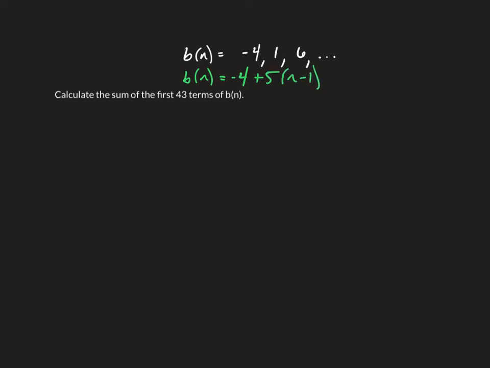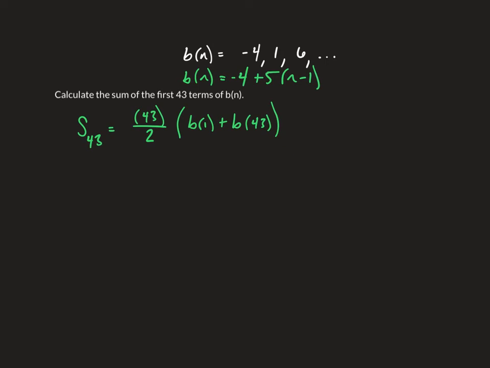And I'm asked to calculate the sum of the first 43 terms. So let's use the formula that we just came up with. If I want the sum of the first 43 terms, then that's going to be n over 2, and in this case n is 43. So half of 43 times the first term plus the nth term, which in this case is the 43rd term.